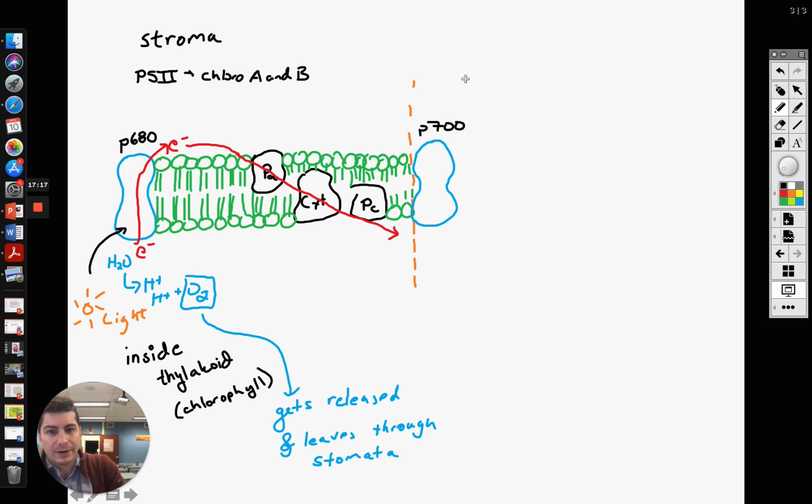It's P700. So this is photosystem number 1. Instead of having chlorophyll A and B, this one is only going to be mostly chlorophyll A at P700. So only chlorophyll A is going to work there. Okay.